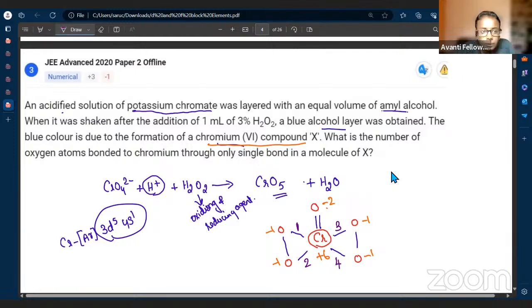Next question. Among the species given below, the total number of diamagnetic species is: hydrogen atom, NO2, O2 minus, peroxide, dimeric sulfur in vapor phase, (NH4)2FeCl4, (NH4)2NiCl4, K2MnO4 and K2CrO4.